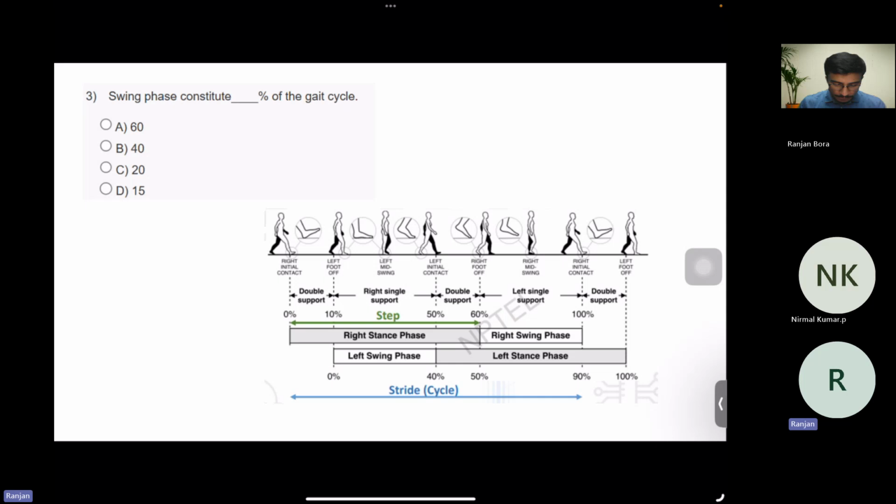You can see this is the gait cycle for the left foot, and for the left foot, the first phase is the swing phase, which constitutes 40%, and the next phase is the stance phase, which constitutes 60%. So swing phase constitutes 40% of the gait cycle.